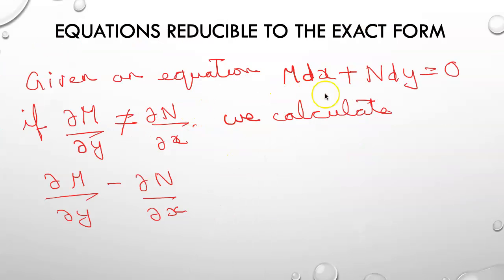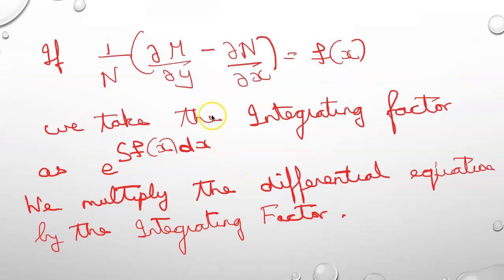Now, if an equation is not exact, if the partial derivative of M with respect to y is not equal to the partial derivative of N with respect to x, we calculate the difference, that is del M by del y minus del N by del x. So if 1 by N (del M by del y minus del N by del x) is f(x), we take the integrating factor as e raised to integral f(x) dx, and we multiply the differential equation by the integrating factor.